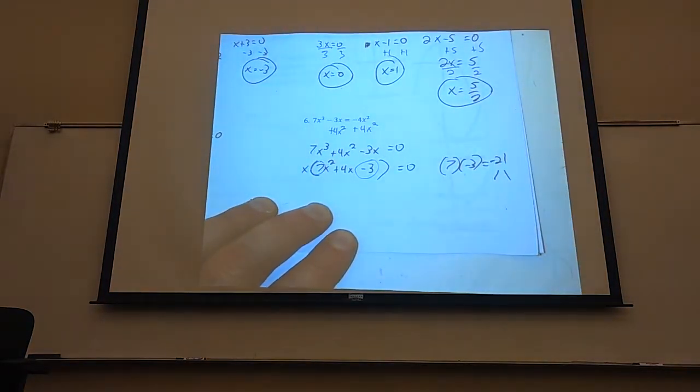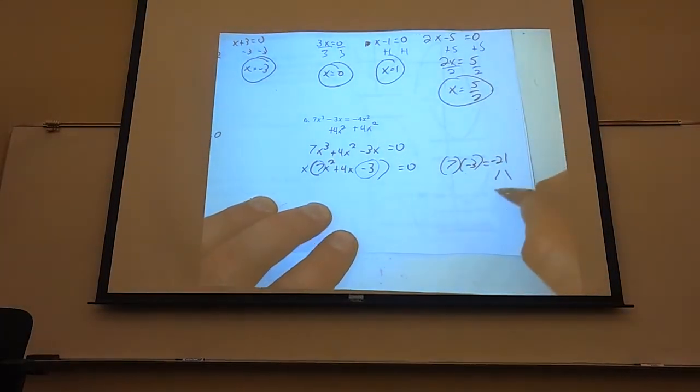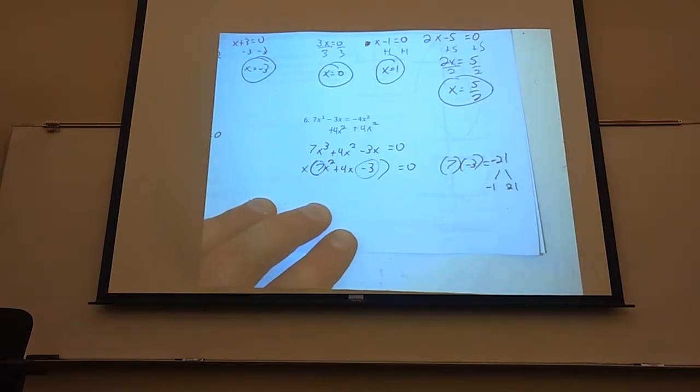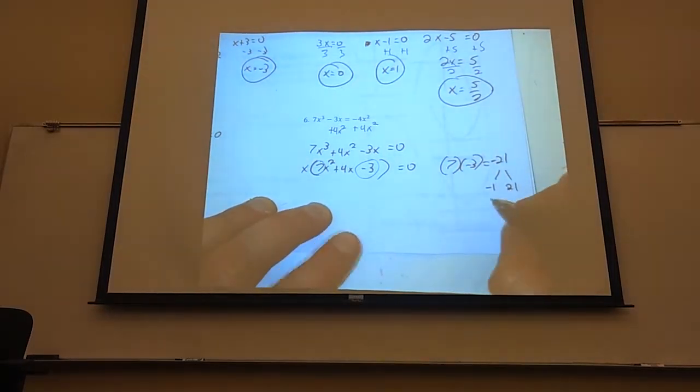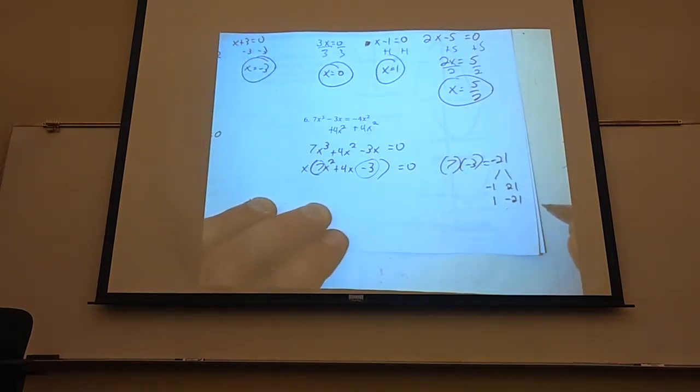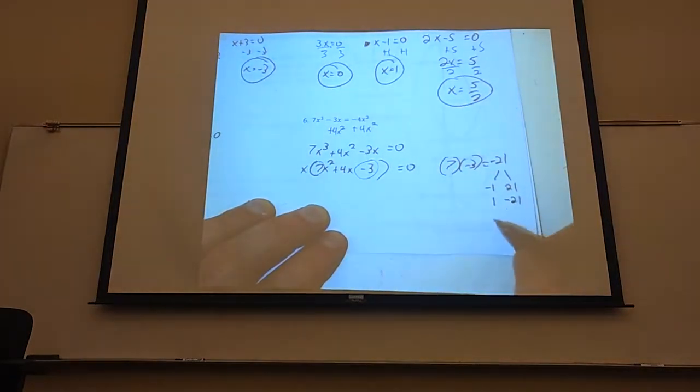Now, since this is negative, that means I want one of my factors to be negative and the other to be positive. So I could do negative 1 and positive 21, positive 1, negative 21, and so on and so forth. And I'm looking for factors that add up to 4. That's 7 and negative 3.